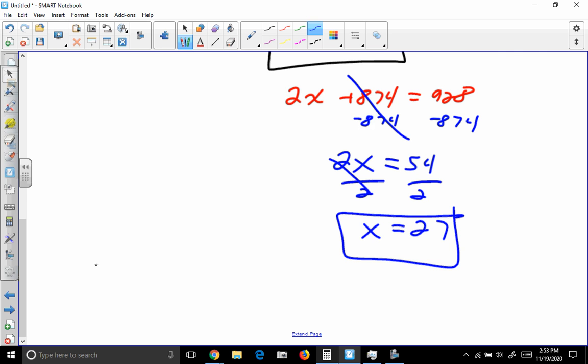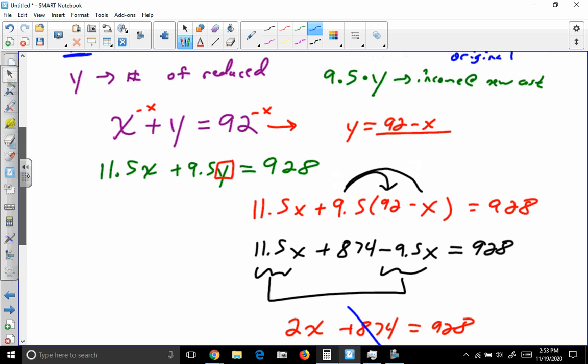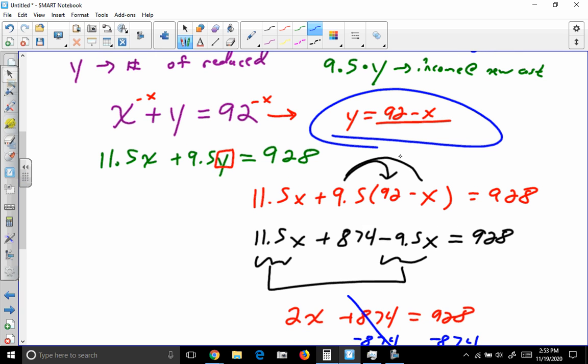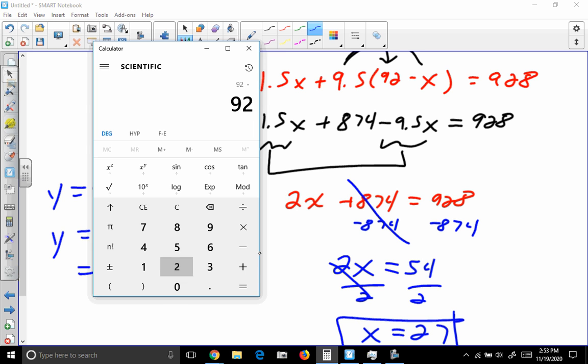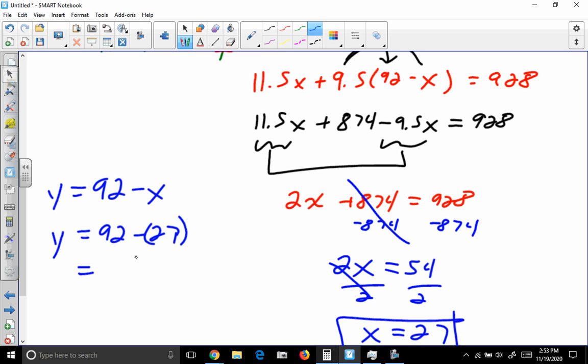Now that we know x, we can go back into any equation that has x. I like to go into that one. We know y is 92 minus the x value. Well, if the x value is 27, then y is 92 minus 27, and that's 65.